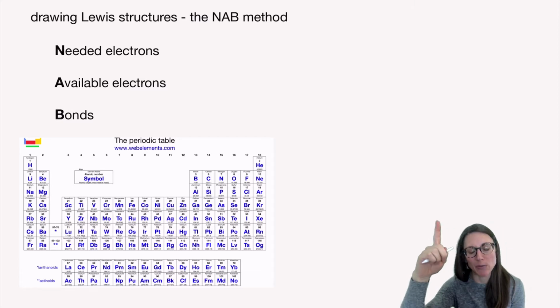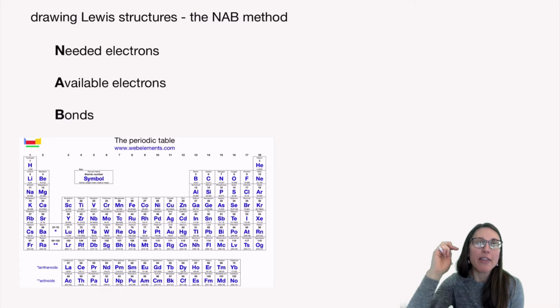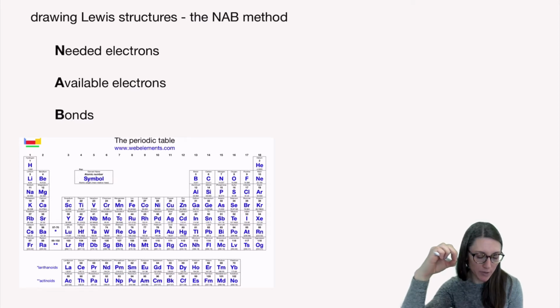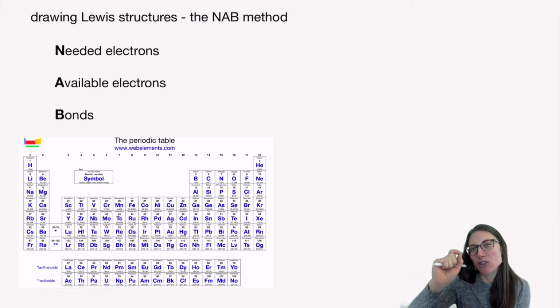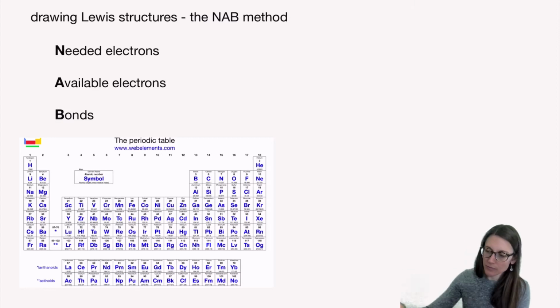Well, 8 electrons for most things. We'll come back to that. Then you're going to calculate the number of available valence electrons. Remember, only those outer electrons are involved in bonding, so they're the only ones we're going to count. And then we need to figure out how many bonds are required. Let me show you how this works.